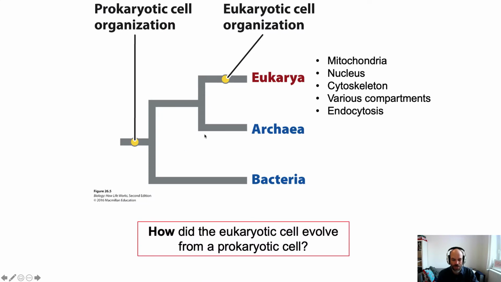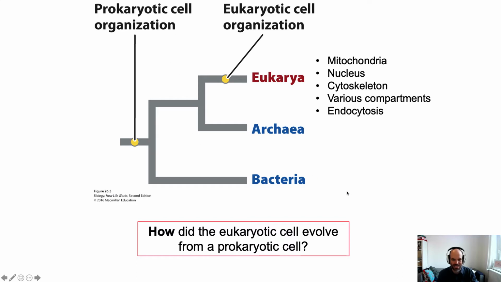I've shown this figure before, indicating that these words prokaryote and eukaryote at one time implied that the eukaryotes must have evolved from the prokaryotes. The word prokaryote kind of implies that it came first and then the eukaryotes came later. And we've talked about how the word prokaryote has advantages and disadvantages.